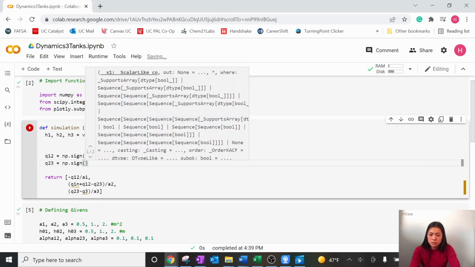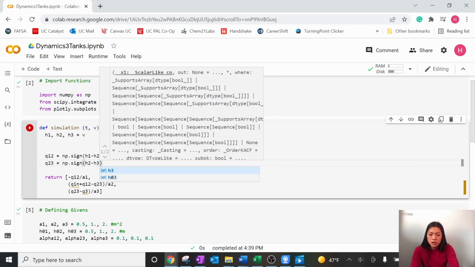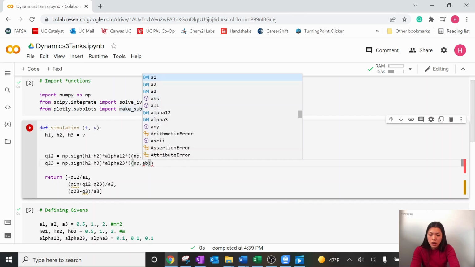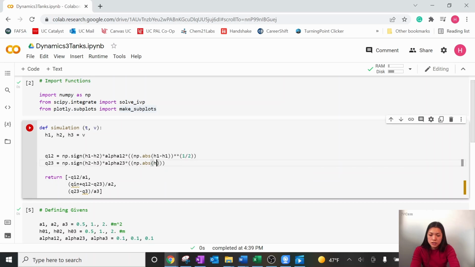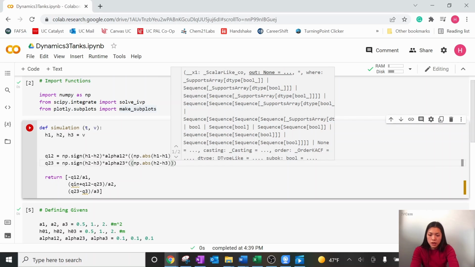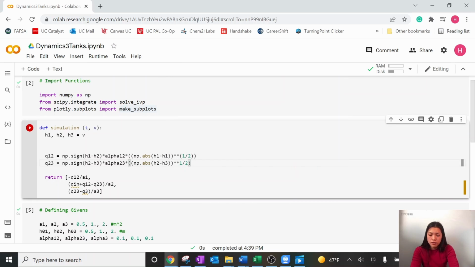We're going to use np.sign of the difference of the fluid height in tank 2 and tank 3, multiplied by the proportionality constant between tank 2 to tank 3, multiplied by the absolute value of the difference between the heights in tank 2 and tank 3, to the power of 1/2.